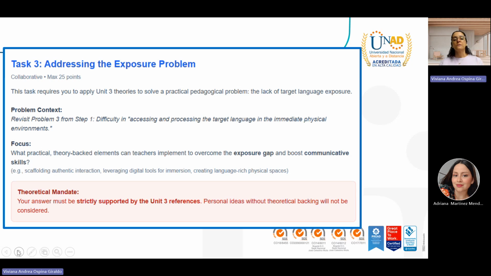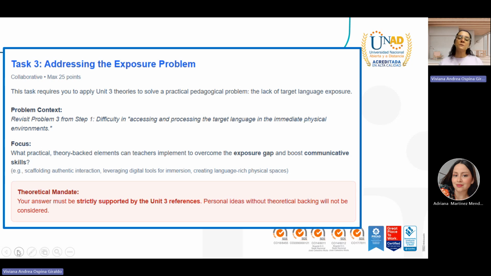Exposure to the problem: each one of us has different problems depending on where we work, depending on how we do our teaching and learning experience. All of these experiences that we have lived through our teaching lives, because I do recognize you all as, of course, teachers, and we all have had many different experiences.